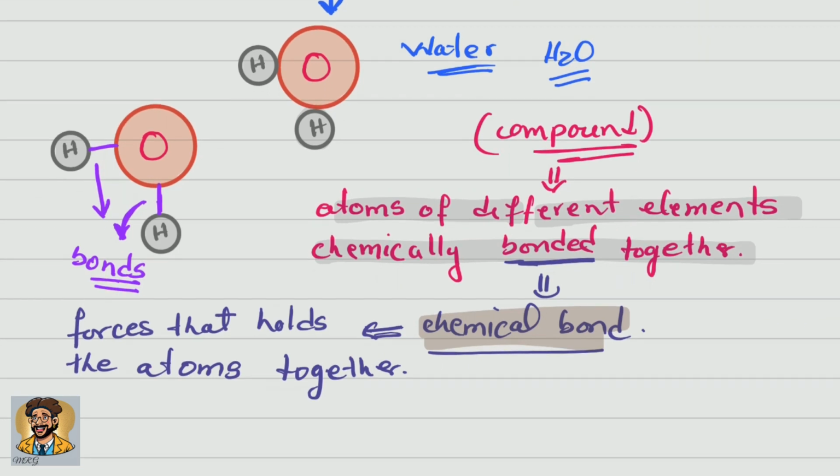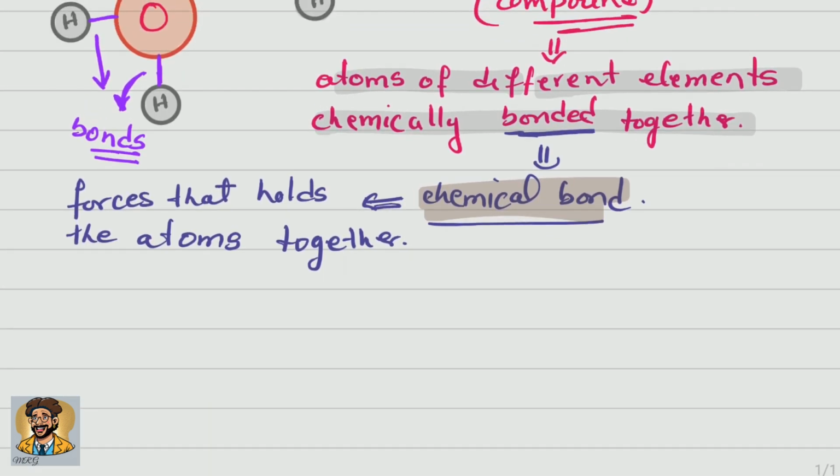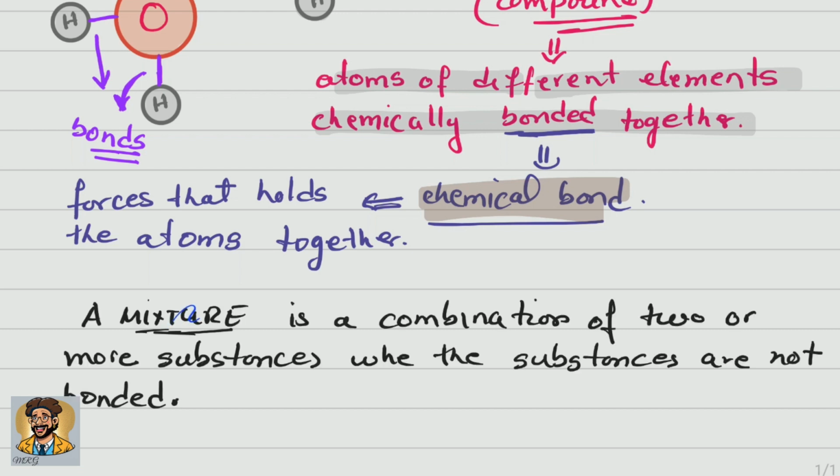Now, what would be a mixture? A mixture is the combination of two or more substances, but the substances are not chemically bonded.